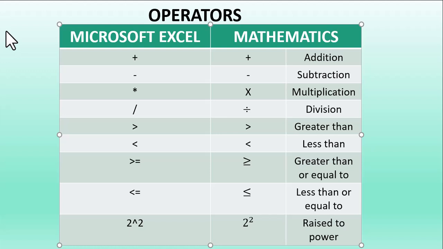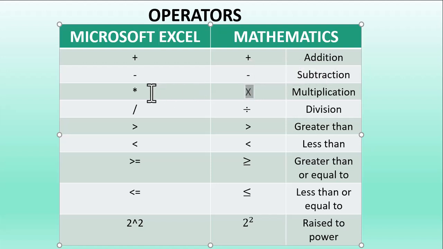Okay, welcome back. As we proceed, let us take a look at the operators frequently used in Microsoft Excel. Now, this is mathematics and this is Excel. Plus sign is still plus sign, that is the addition. Subtraction, which is minus, is still minus. Multiplication sign.